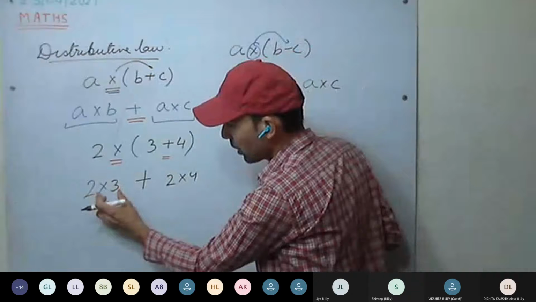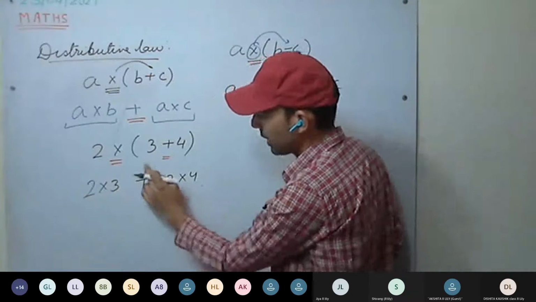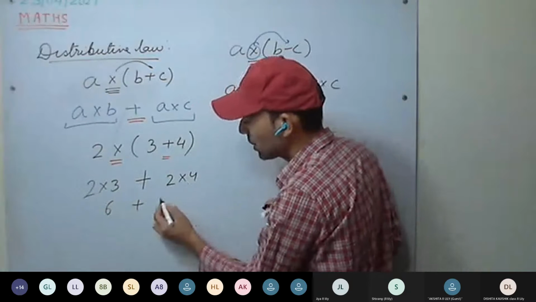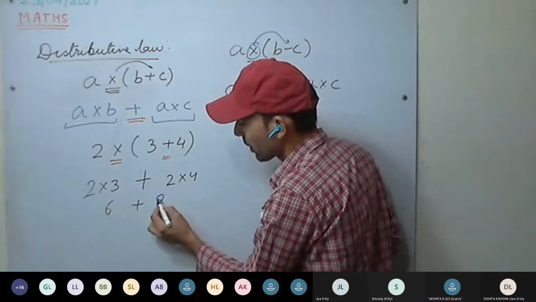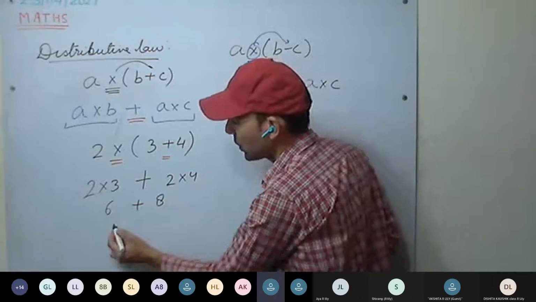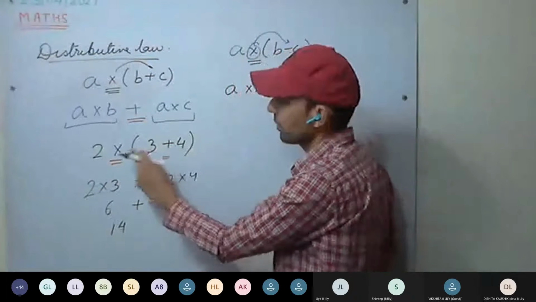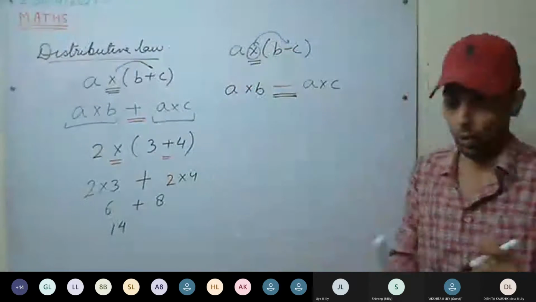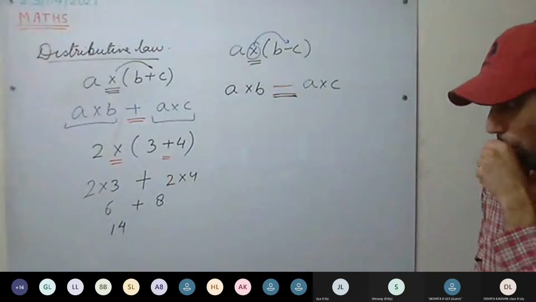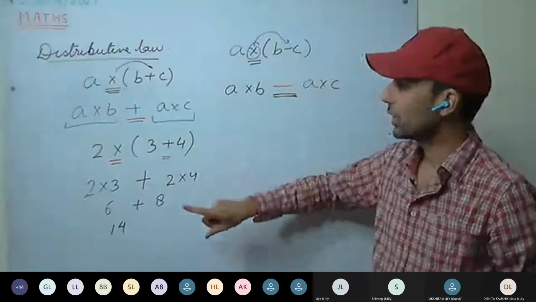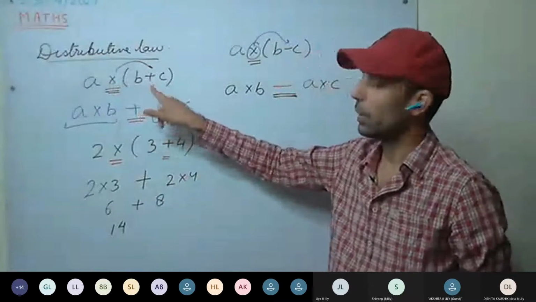We have distributed multiplication over addition. So 2 into 3, 6, plus 2 into 4, 8. How much are we getting? 14. Here as well, 3 plus 4, 7. 7 into 2, 14. This is the distributive property. What are we distributing? Multiplication over addition.